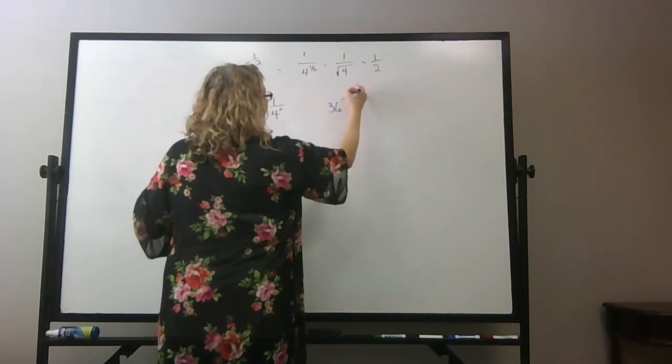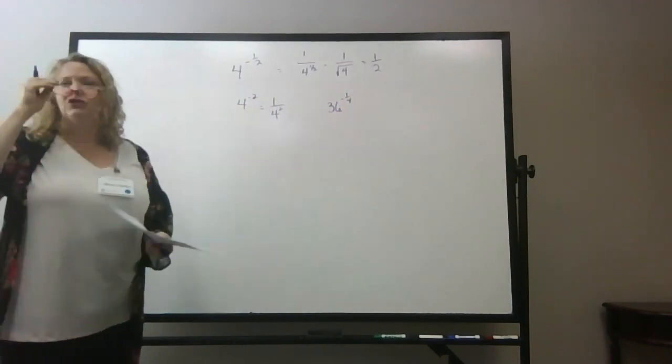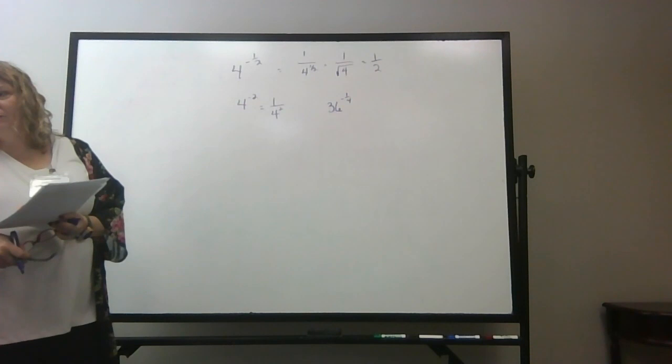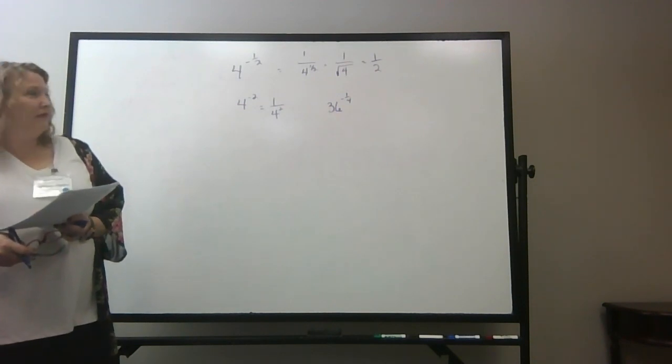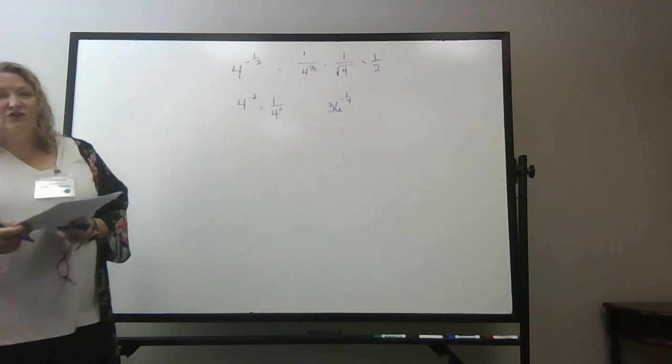So if I had 36 to the negative 1/4, I want you to think about how would you handle that? You have 36 to the negative 1/4. Okay, so I want you to try and answer that one. So you'll work that out.